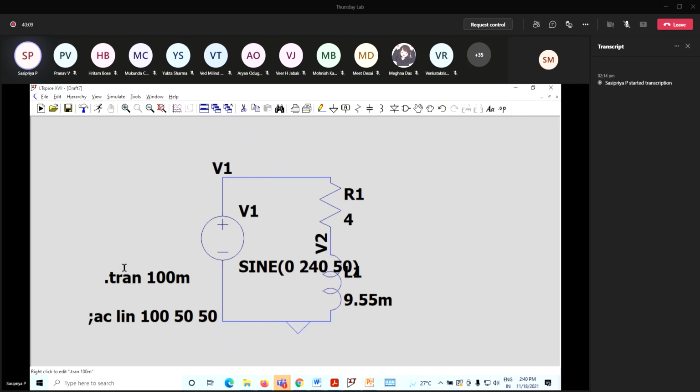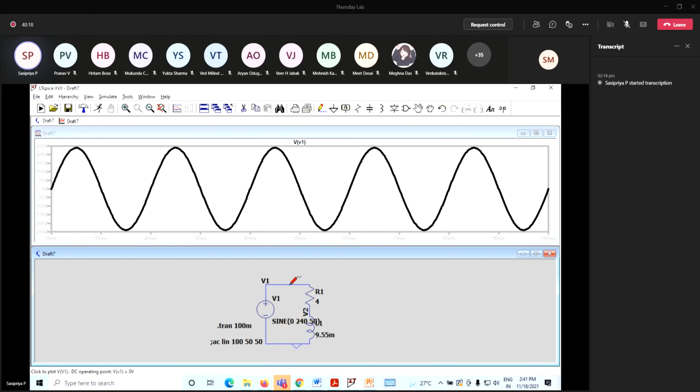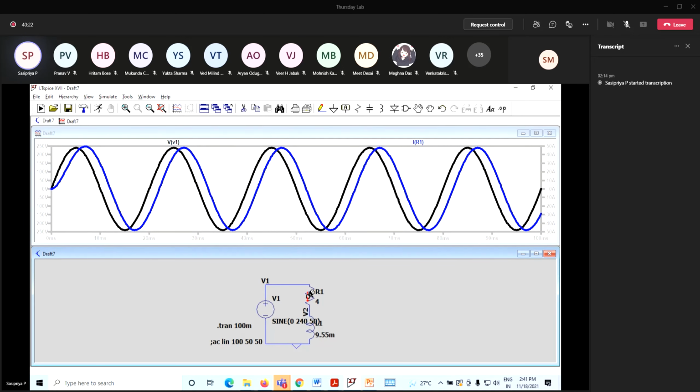Run simulation. Now, what are the things I would like to see? This is my total voltage, this is my applied voltage. This is a series circuit, so the current through the resistor and the current through the inductor are the same. But the current through the source, I will not get the same magnitude, because as you see, my original current is in the clockwise direction, going upward.